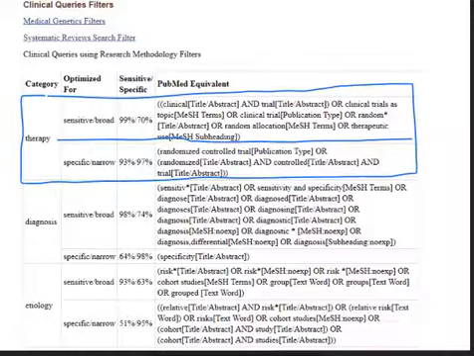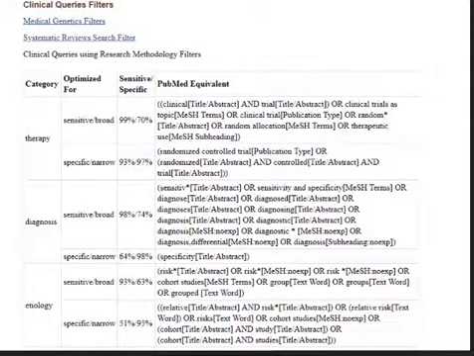So with the sensitive one, what they've done is they have looked for particular keywords in title and abstract, so clinical and trial appearing in title or abstract.